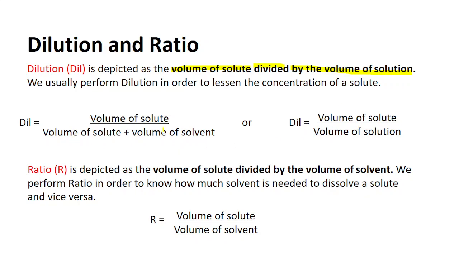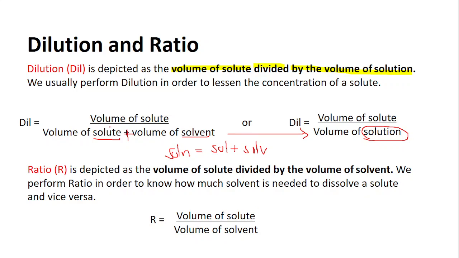So, we can simplify the denominator. Because as we said earlier, in order to create a solution, or SOLN, you just need to add solute plus solvent. So solute plus solvent, you will get a solution.